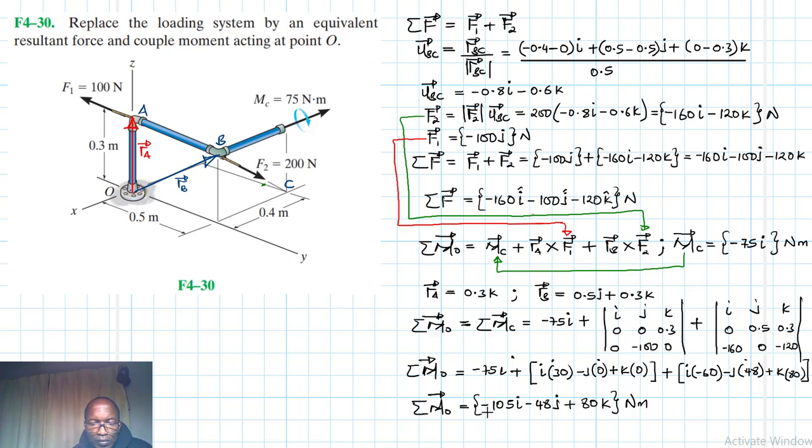Okay, let's start with the force. So the force is negative 160 in the X, negative 100 in the Y, and negative 120 in the Z. So they are all negative. Let's try and show that in 3D. Let's imagine we have something like this, maybe up to somewhere there.